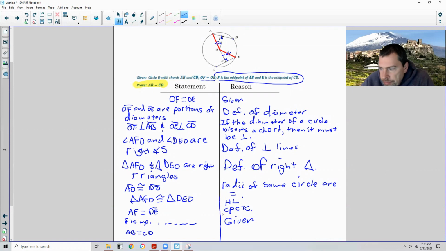And the reason: AF equals DE from here, okay? And F is midpoint of AB.